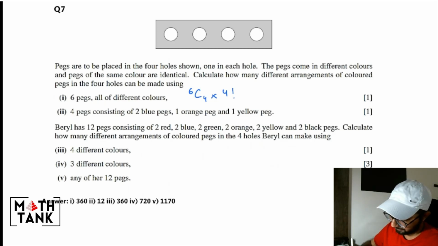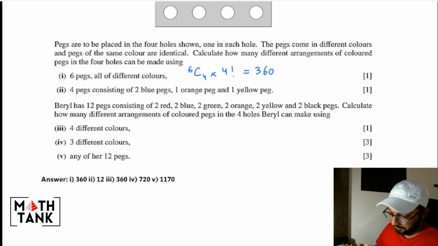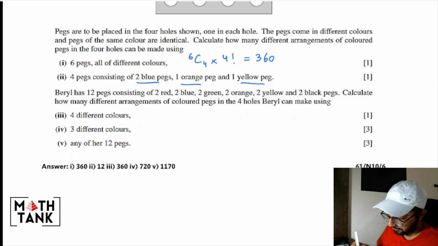So 360. 4 pegs consisting of 2 blue pegs, 1 orange peg, and 1 yellow peg. Now I have the colors fixed in front of me, and I see that 2 of those are also identical. So I'm going to say that's 4 factorial over 2 factorial. So I think that's relatively simple. That's 12.